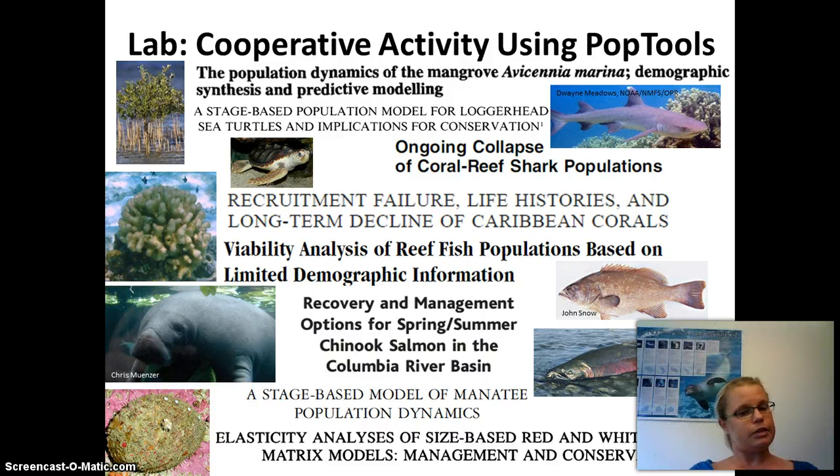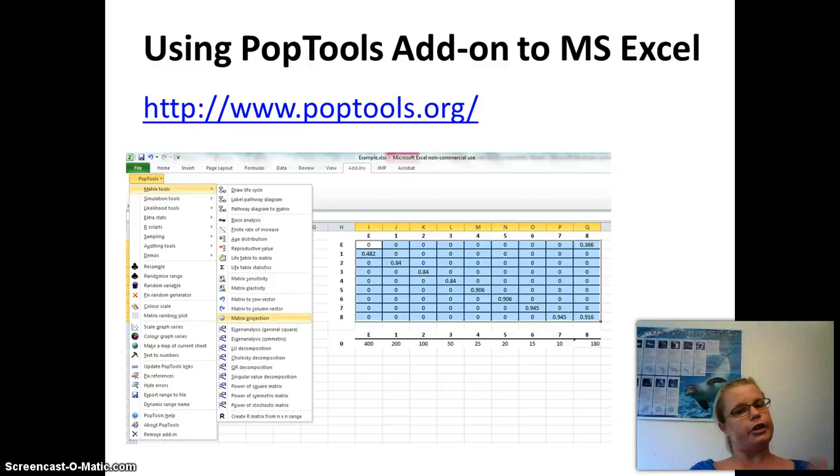So we're looking at several different species here, from trees to turtles to sharks to corals to abalone to fish to sharks to salmon to manatees. I think I said sharks twice, but anyway, lots of different species. And you're going to be using, again, this PopTools add-on to go through the model yourself.